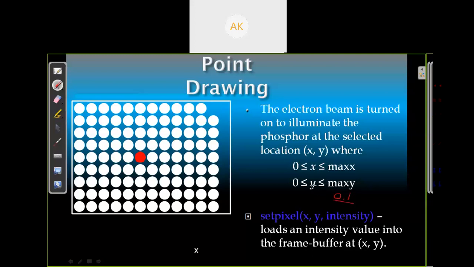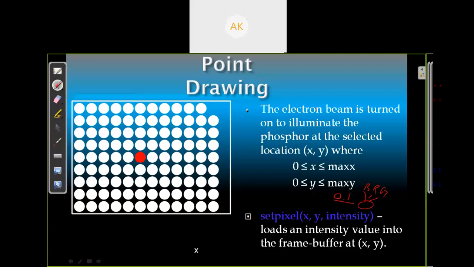In the same way, if your screen is colored, then there will be 3 intensity values: one for blue, one for red, and one for green. So there are 3 intensity values combining to display one point on the screen.